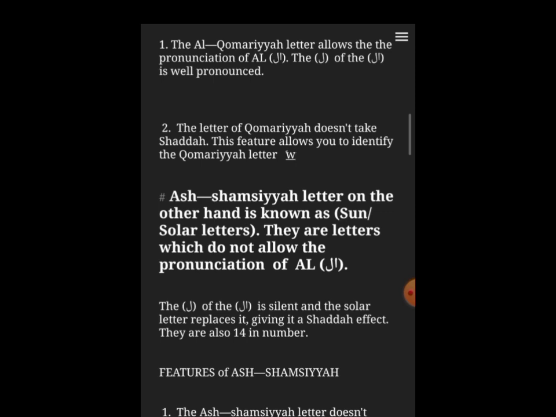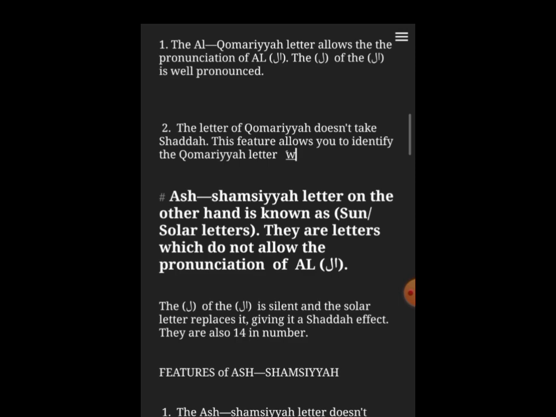The letters of Shamsiyya are so strong, more magnetic, that they absorb the lam into themselves and become thicker. And that's why you find a shadda on top of any Shamsiyya letter.